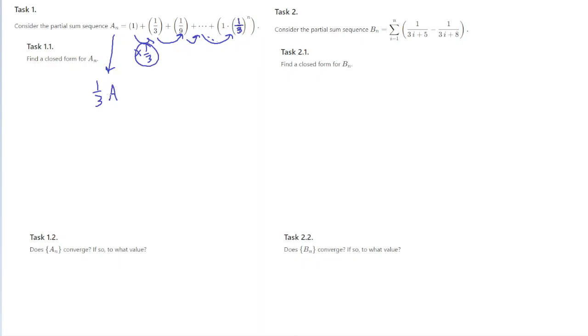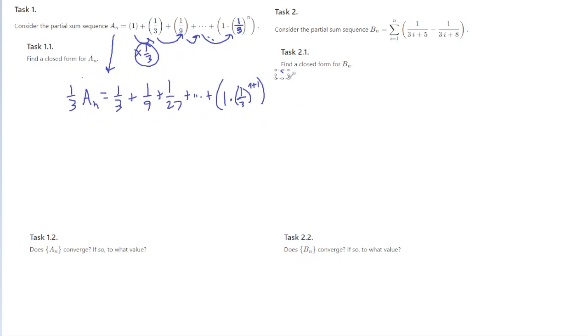If I multiply that a_n by a third, then notice that that 1 becomes a third, that third becomes a ninth, that ninth becomes a 27th, and eventually we get here to a third times 1/3 to the n. Or actually, that might be more easily seen to be, we have an extra third, so 1 times 1/3 to the n plus 1.